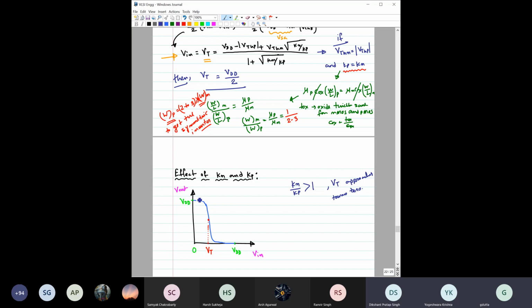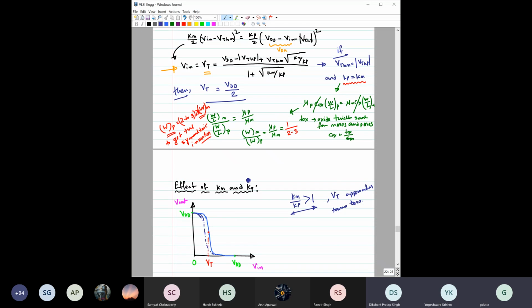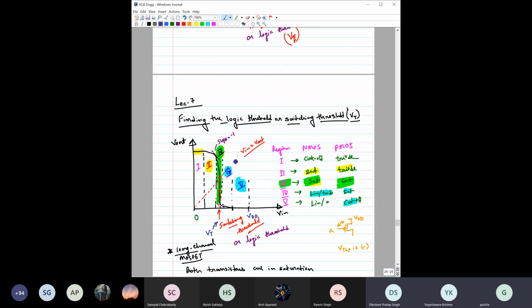That means you will get a characteristic which would be something like this. Can you tell the name of the Vt again? I forgot. This Vt is called the logic threshold or switching threshold.